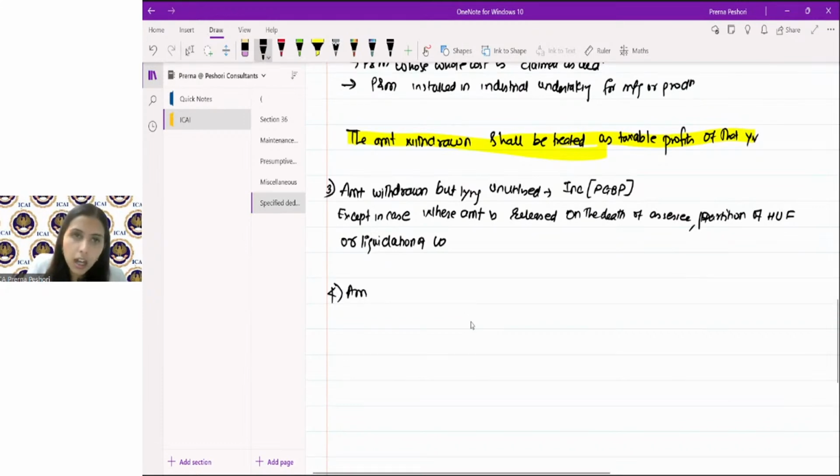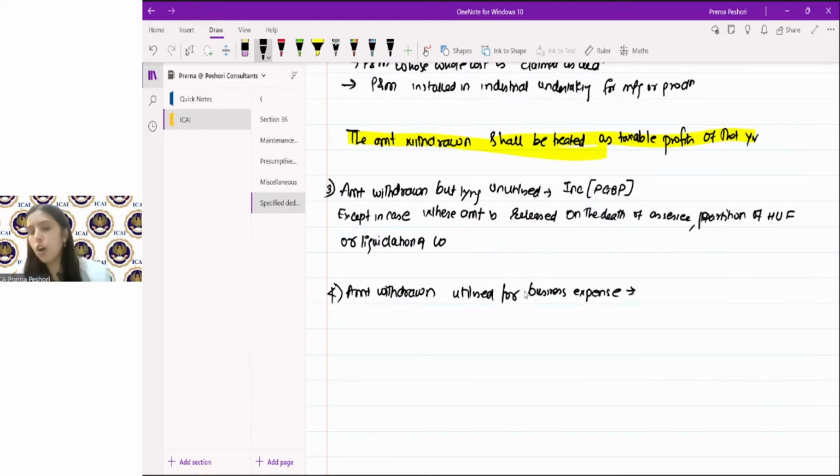Then amount withdrawn utilized for the business expense. See, we are already allowing the deduction under section 33AB. Now, if the amount is withdrawn for the business expense, can I again claim the business expense as a deduction?